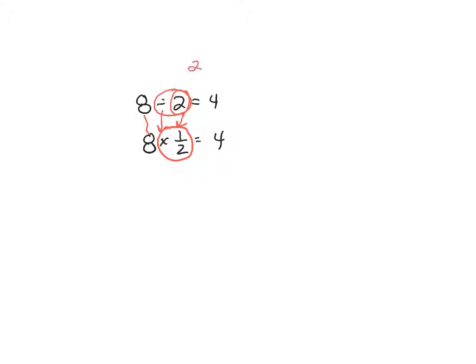Remember, 2 as a fraction is 2/1. The reciprocal of 2 is 1/2. So if I have a division problem, I can change it to a multiplication problem by multiplying by the reciprocal of the second number, which is the divisor. We are going to use this idea when we divide with fractions.